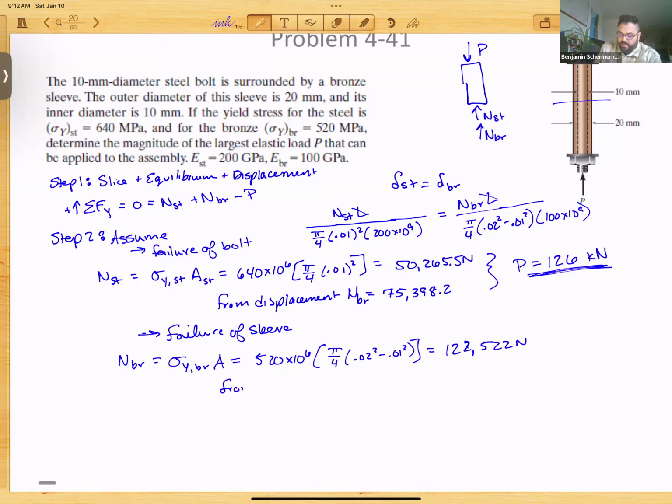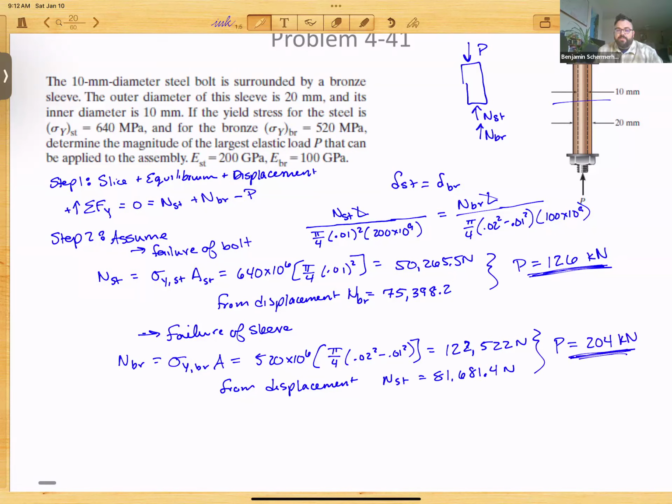Then from displacement, the normal force in our steel is going to be 81,681.4 newtons, which we can use collectively to get a force P of 204 times 10 to the 3, so kilonewtons.